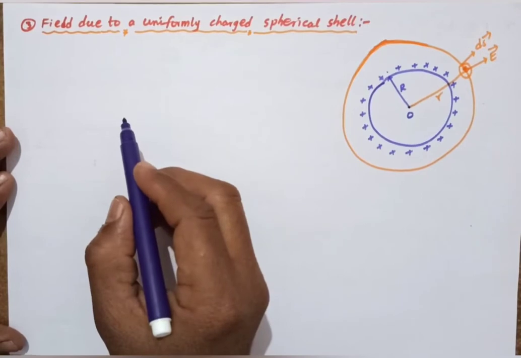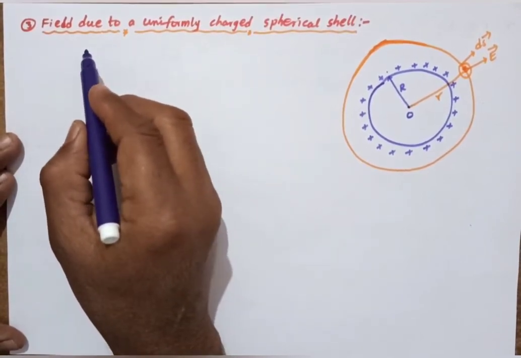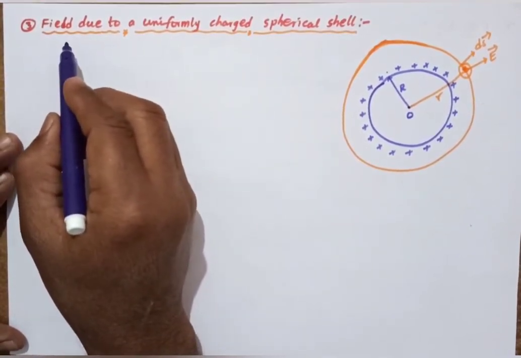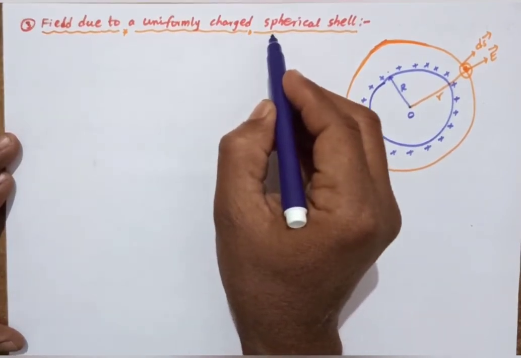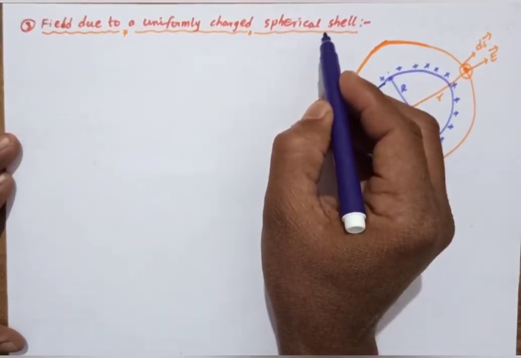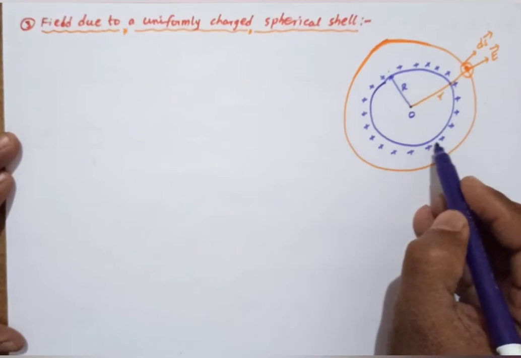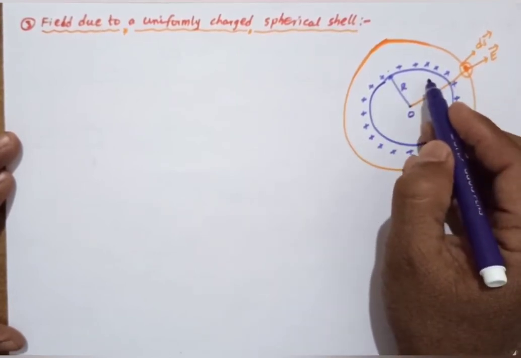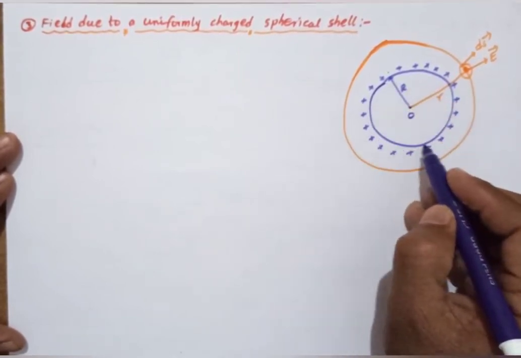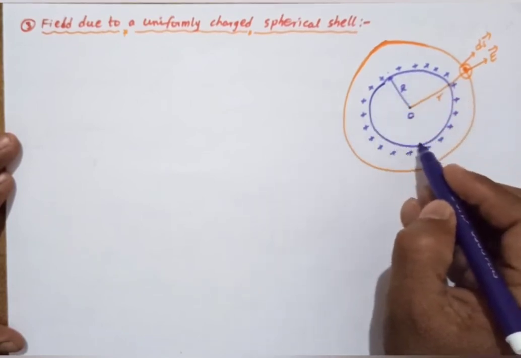Here is the third application of Gauss law: field due to a uniformly charged spherical shell. We consider this spherical shell. On the spherical shell, positive charges are accumulated.